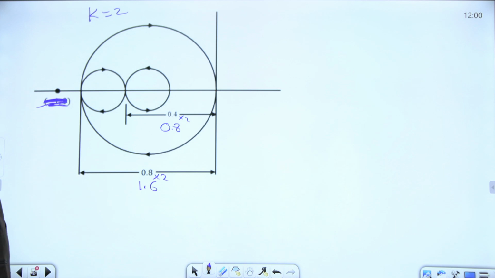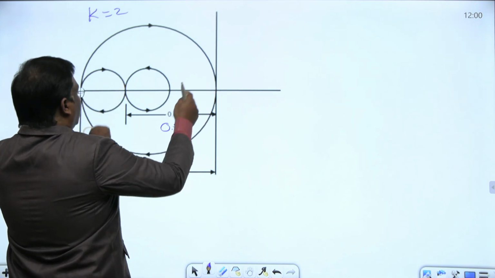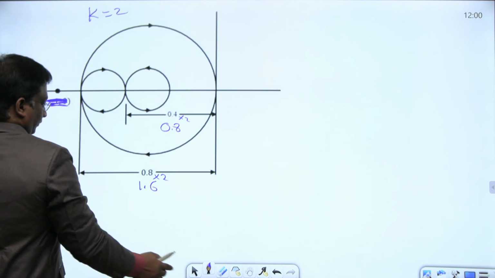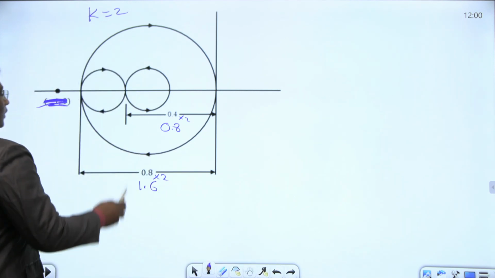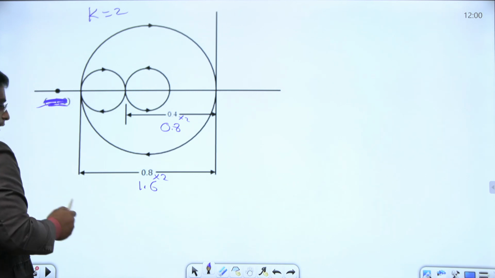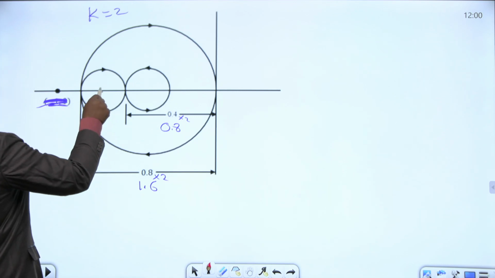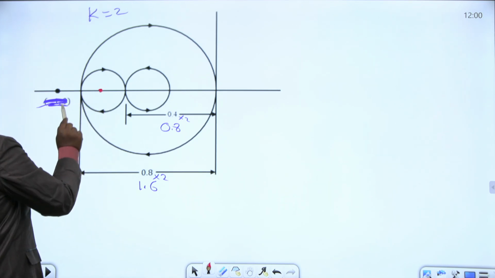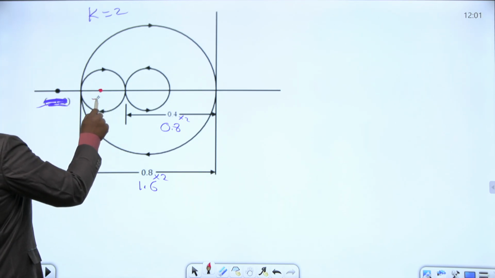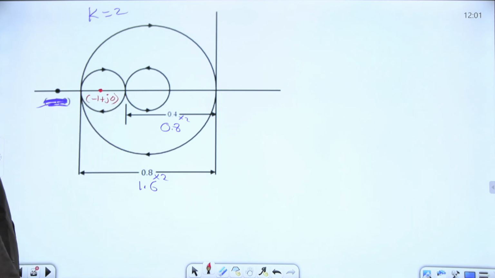This length is 1.6, this is 0.8. The point -1 plus j0 will be somewhere between 1.6 and 0.8. This is our reference point for encirclements.